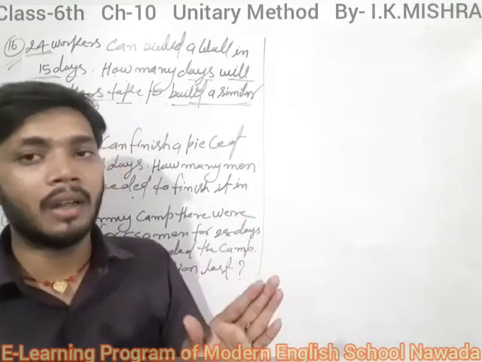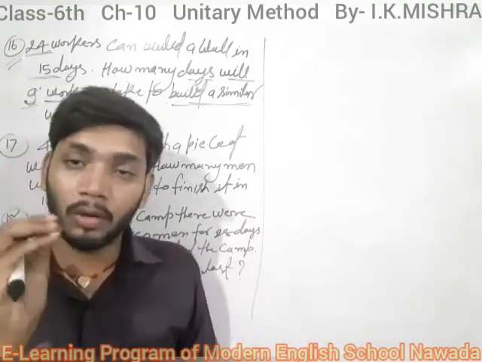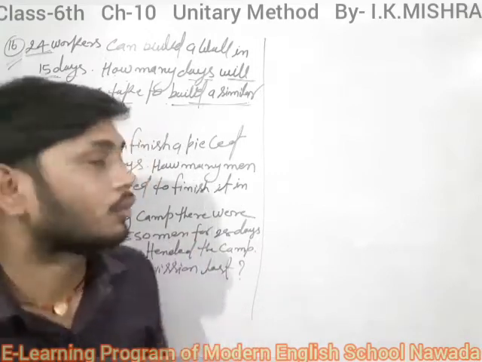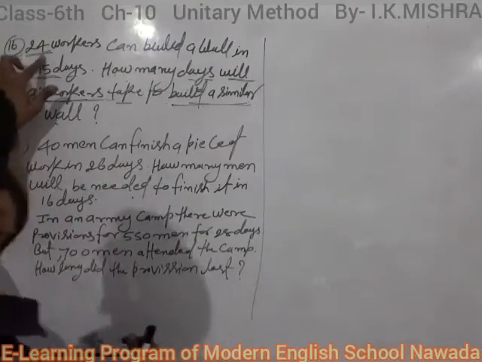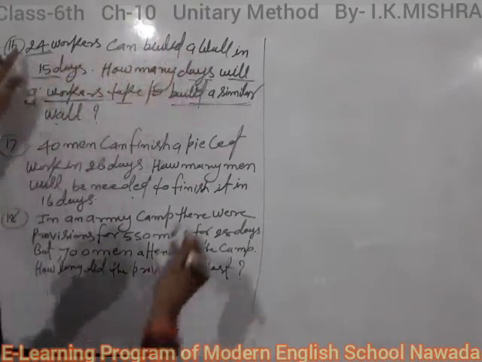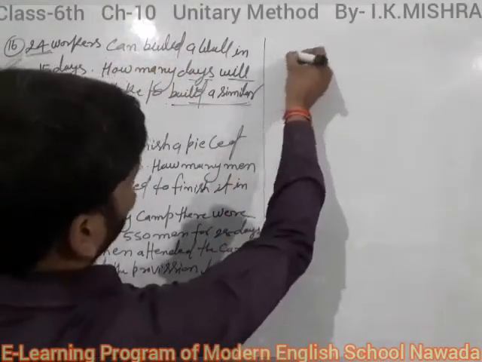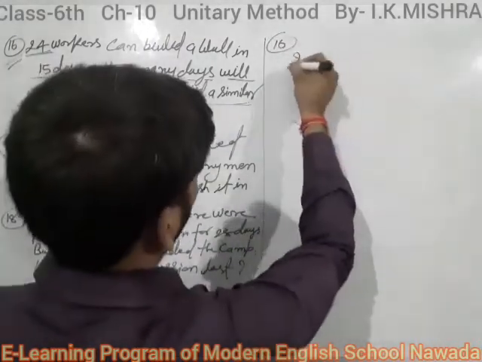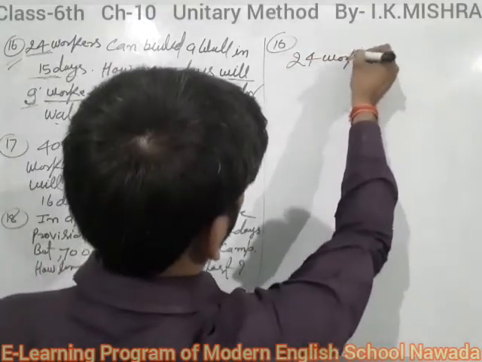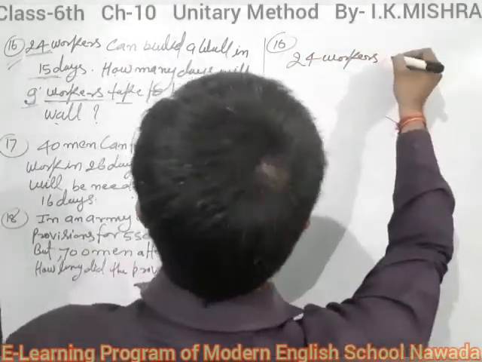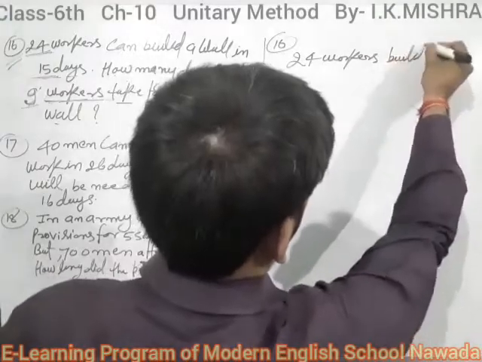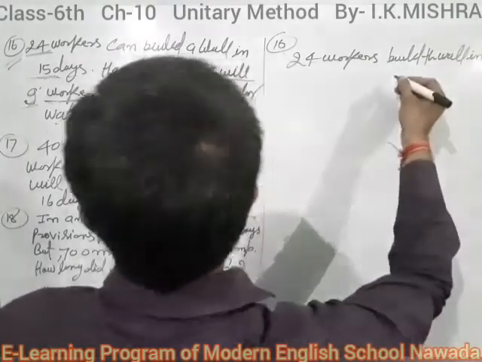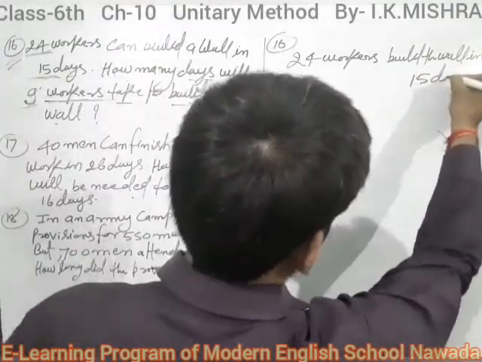So students, first of all you find the value for 1, that means you have to multiply the terms. So here I write, question number 16: 24 workers build the wall in 15 days.